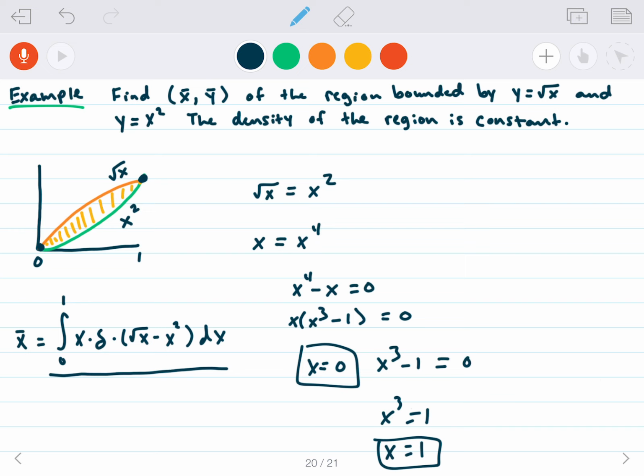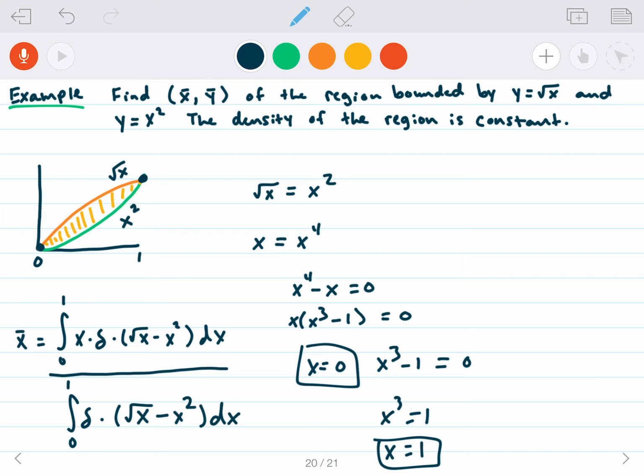Well, remember, the mass in the two-dimensional case is simply the integral from 0 to 1 of the density times the area, right? And the area of this region, we just said, was square root of x minus x squared dx.